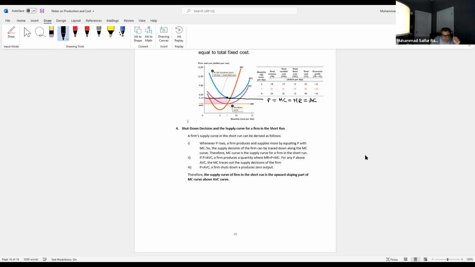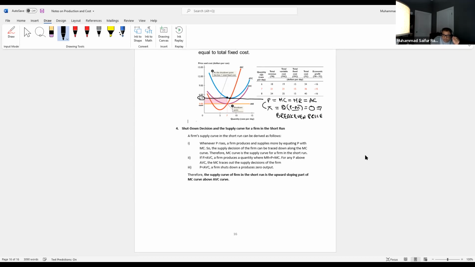So what this means is that at that output level, your profit is Q times P minus AC, and the term inside is actually equal to zero, which means that at that output price level 14, your profit is actually 0. And that kind of profit where a firm earns 0 profit is called a break-even price.